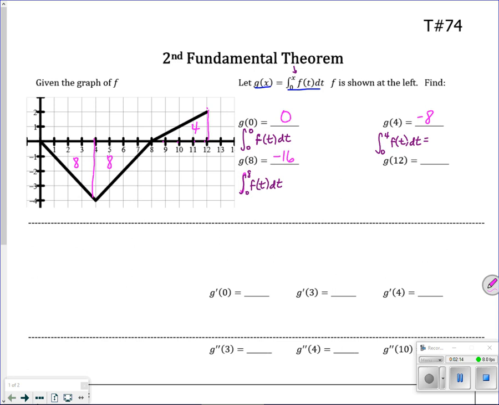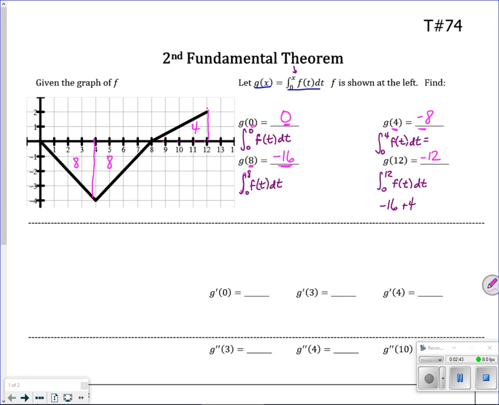And then g of 12, well, that's going to be the integral from 0 to 12 of f. I have 16 that's below the x-axis, I have 4 that's above, and that would give me a value of -12. So if I went to plot the graph of g, then I would have points of (0, 0), (8, -16), (4, -8), etc.